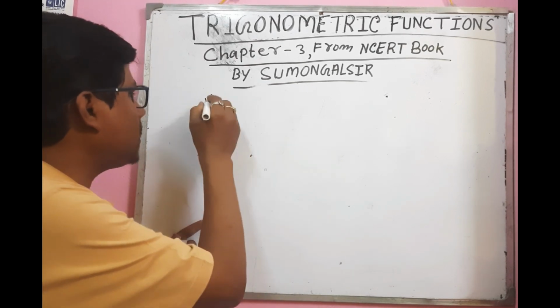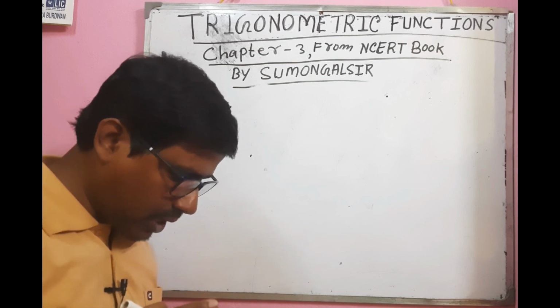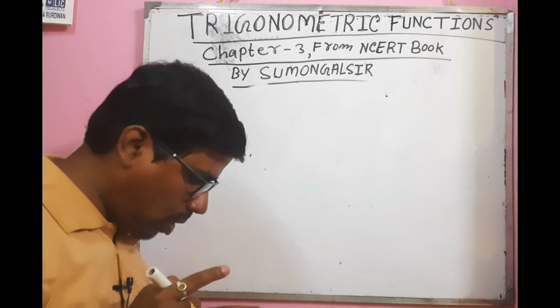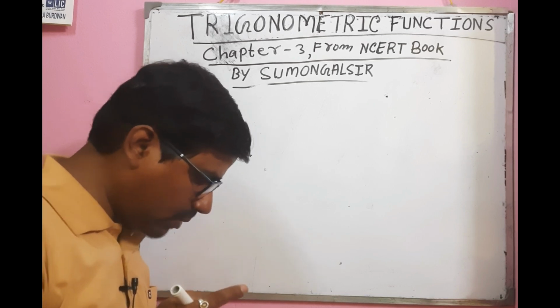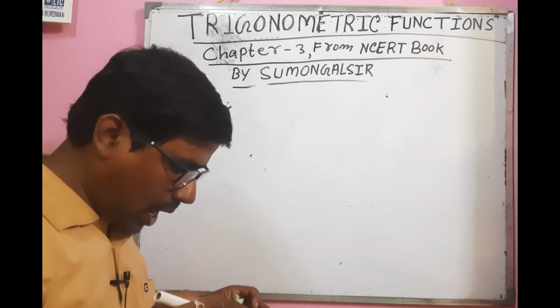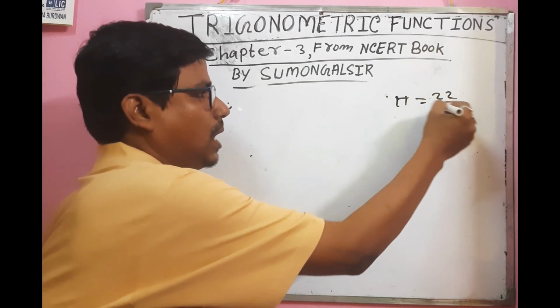Fourth question. Find the degree measure of the angle subtended at the center of a circle of radius 100 cm by the arc length 22 cm, using pi as 22/7.